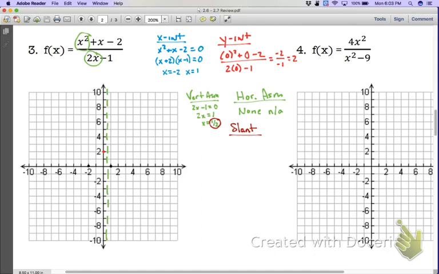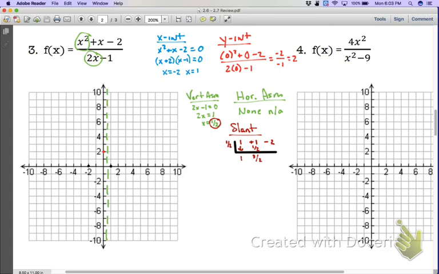So if I have 1, positive 1, and negative 2, I'm going to put the 1/2 here. We're going to drop the 1, and that's going to be 1/2, so 3/2.